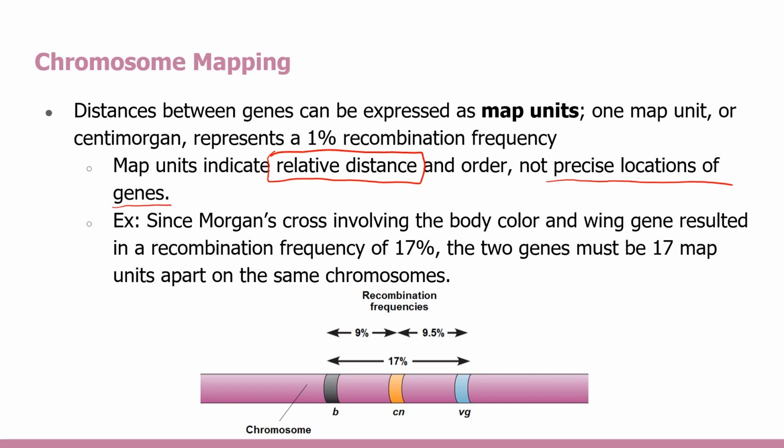Since Morgan's cross involving the body color and wing gene resulted in a recombination frequency of 17%, the two genes must be 17 map units apart on the same chromosome. Okay? So again, if we're given 3%, we know that we need to look at the highest percentage to determine the endpoints.